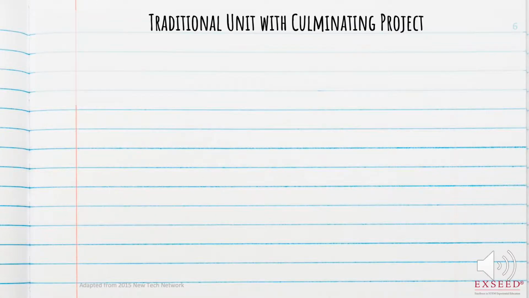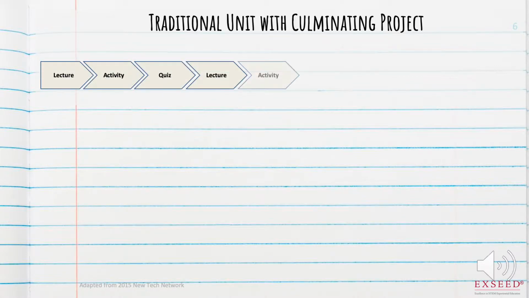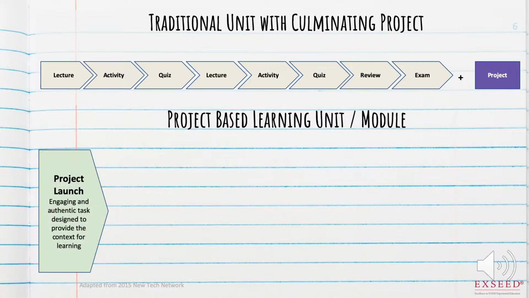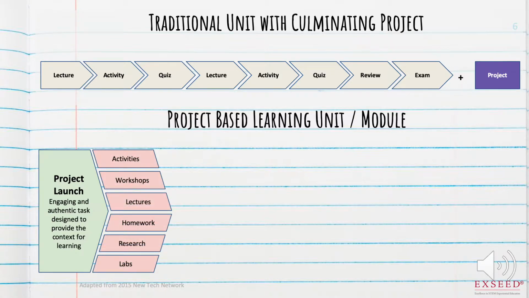As we look through the traditional unit that we've done in the past, whether a while ago or recently, we can moderate towards the PBL learning unit with these pink boxes.